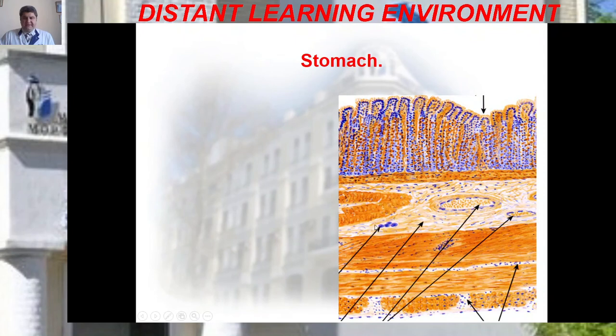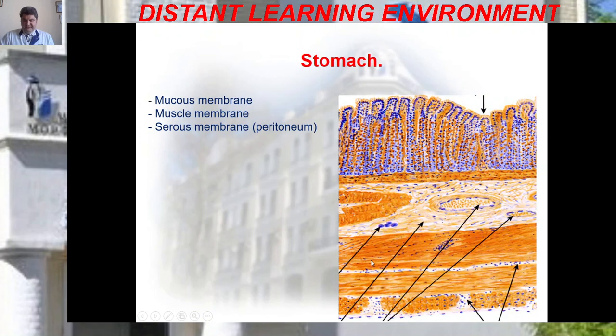Next, you may see the muscular layer, and the external layer, which is called peritoneum or serous membrane. So the stomach has a well-developed circular muscle layer at the border with the duodenum.